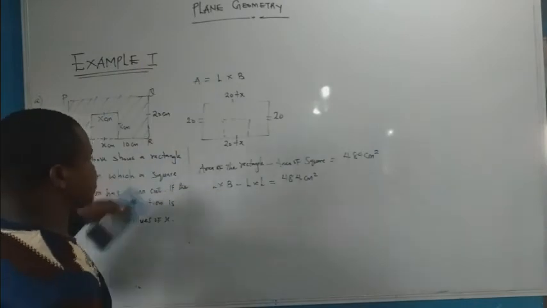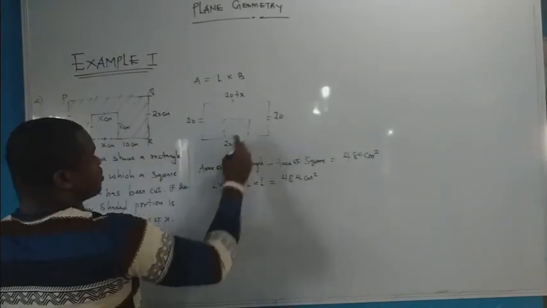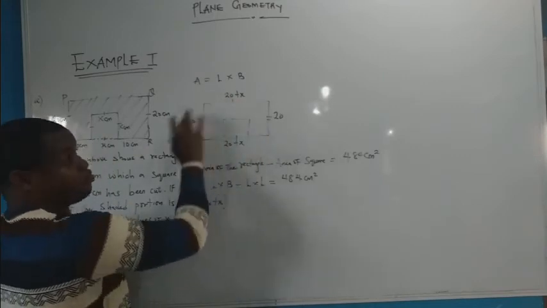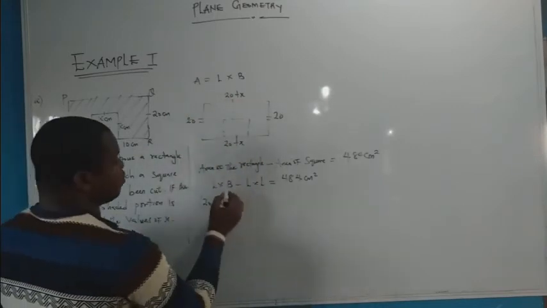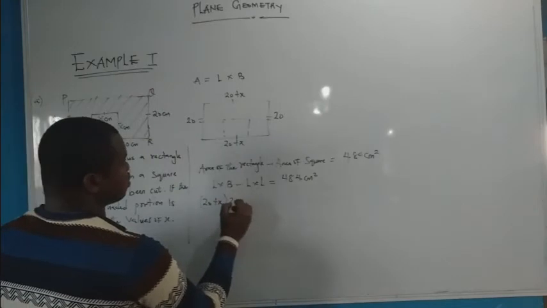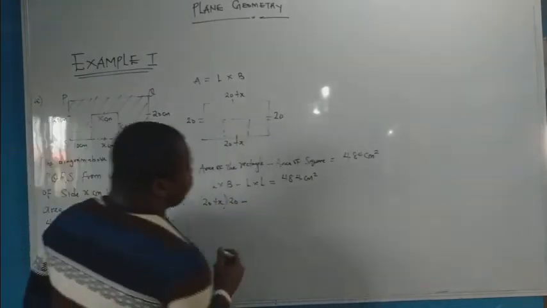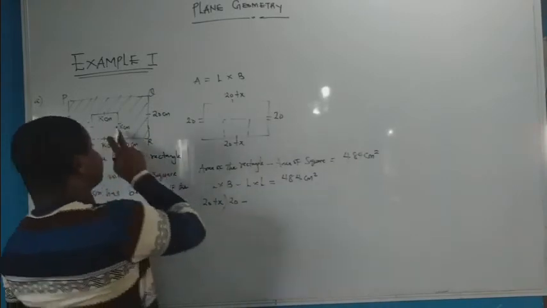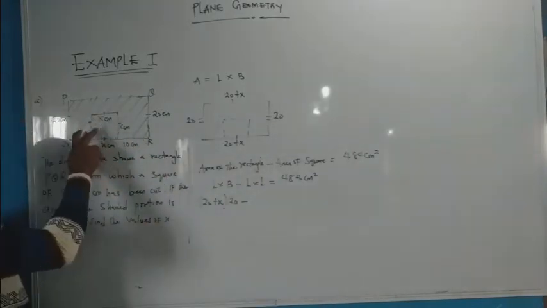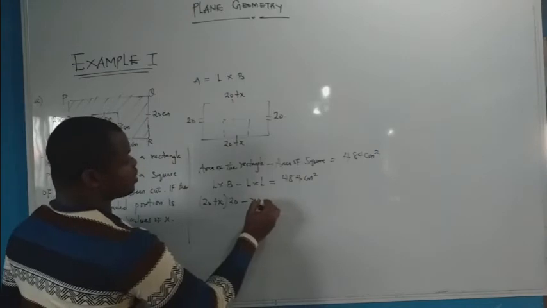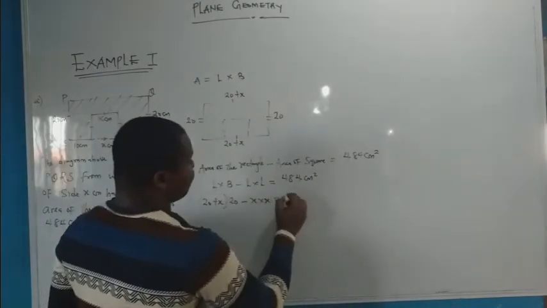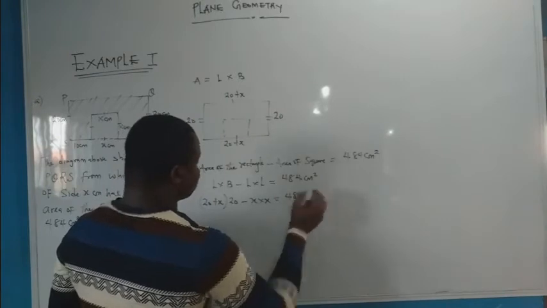The length of the rectangle is 20 plus x. Then what is the breadth? The breadth is 20. And the side of the square is x, so x centimeter times x centimeter gives 484 centimeters squared.